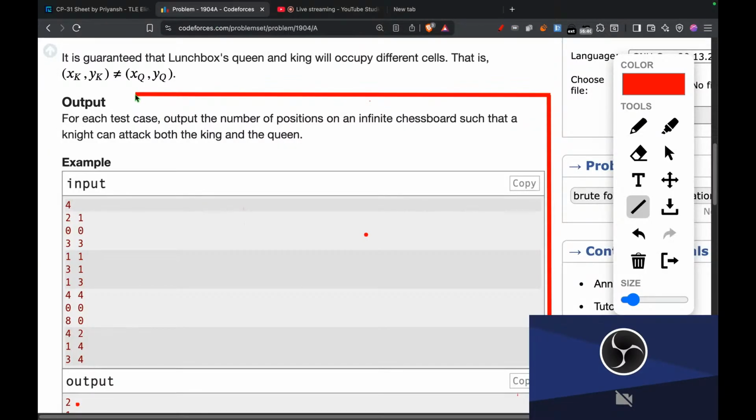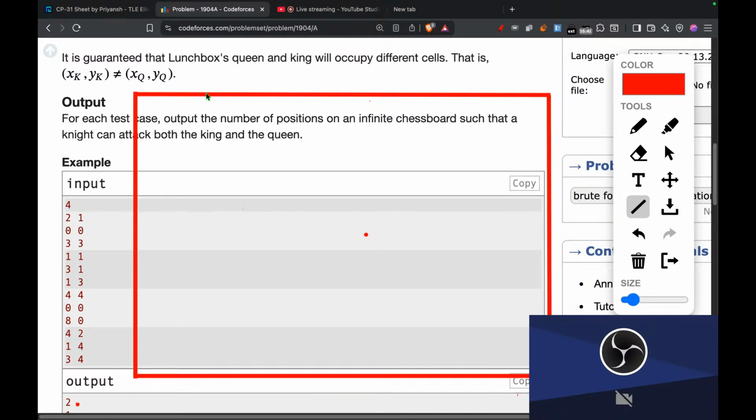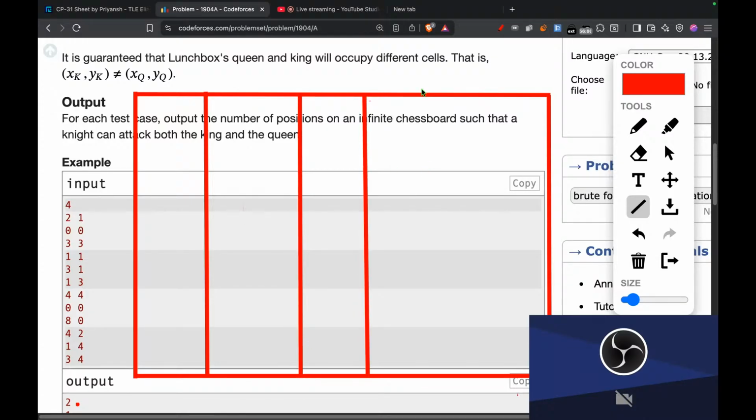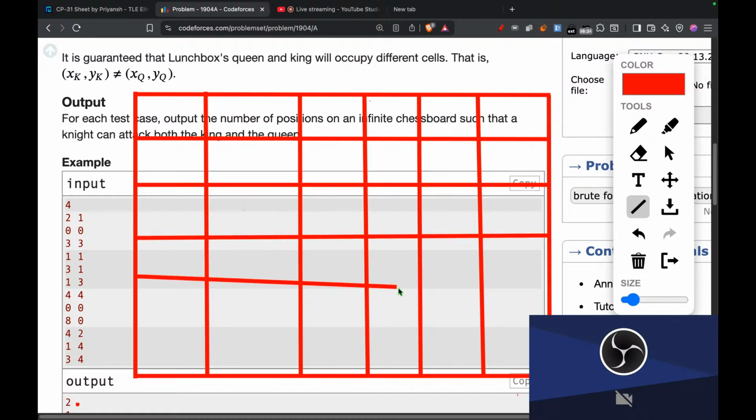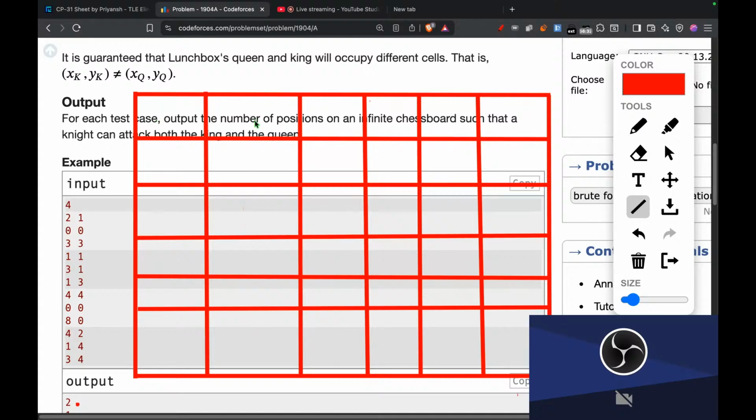So let's see what I am trying to do in my code. Let's form a matrix. 1, 2, 3, 4, 5, 6. 1, 2, 3, 4, 5, 6.